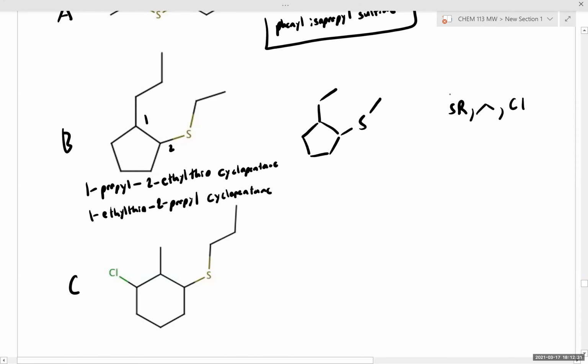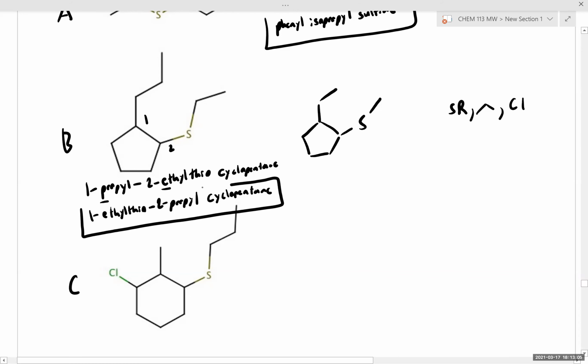Okay, so the alkyl and your thio group are pretty close in terms of priority. So then the tiebreaker comes down to alphabetical order. And if we compare ethyl, thio, and propyl, what's first alphabetically? The ethyl, yep.